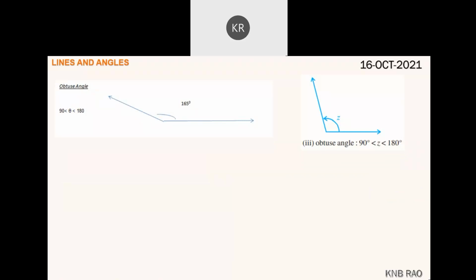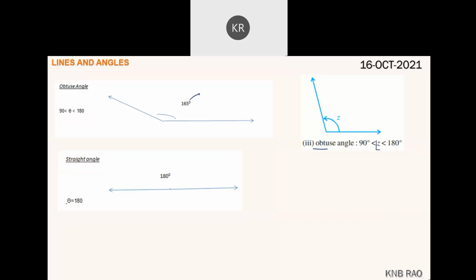If an angle is more than 90 degrees but less than 180 degrees, it is called an obtuse angle. Angle Z is more than 90 but less than 180, such as 165 degrees. When an angle is exactly 180 degrees, it is called a straight angle, because it forms a straight line.